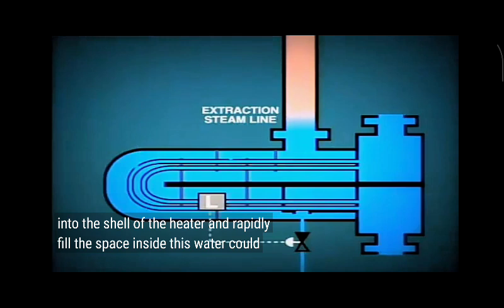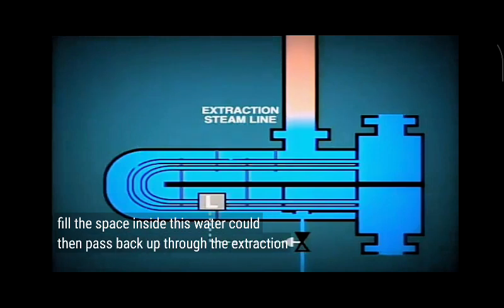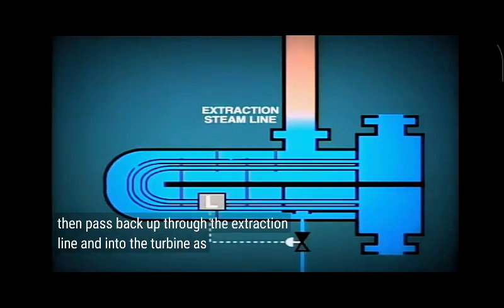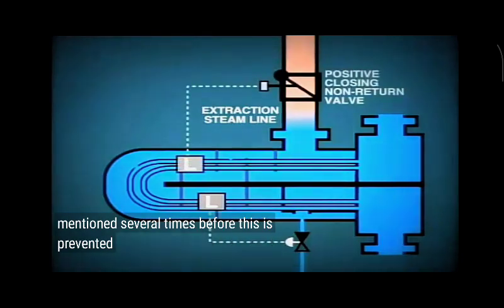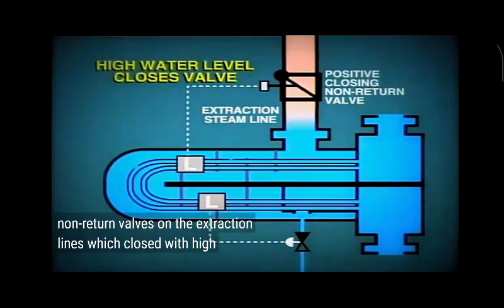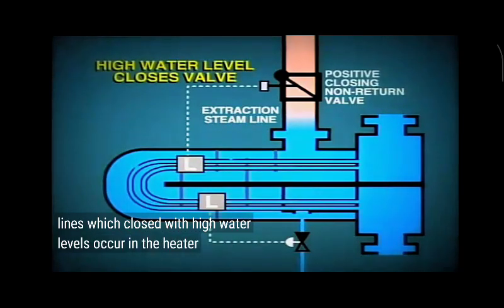This water could then pass back up through the extraction line and into the turbine. As we have mentioned several times before, this is prevented by the positive closing non-return valves on the extraction lines, which close when high water levels occur in the heater.